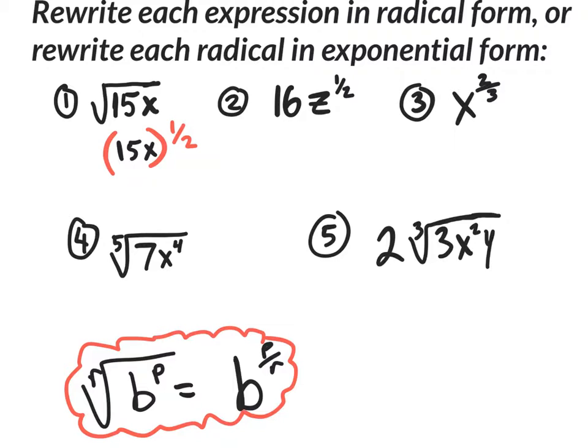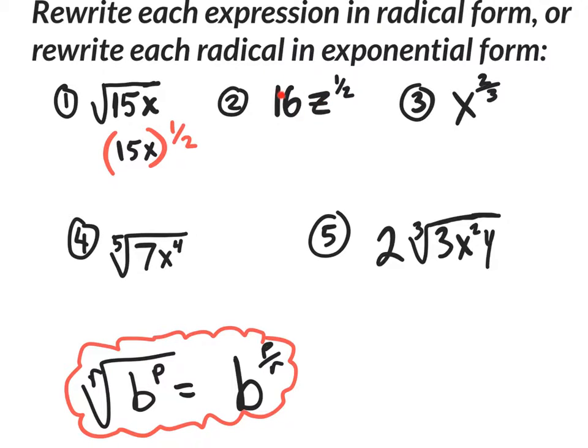How about number 2? Do I have a square root symbol here or a radical here? No, I have an exponent of 1/2. So I need to change it to look like a root. So first you have to ask yourself, does the whole thing have the power of 1/2? No. Only the z has the power of 1/2.